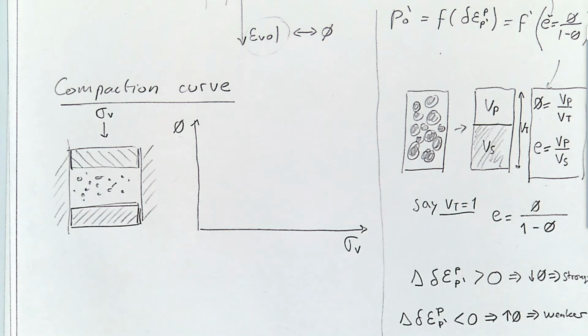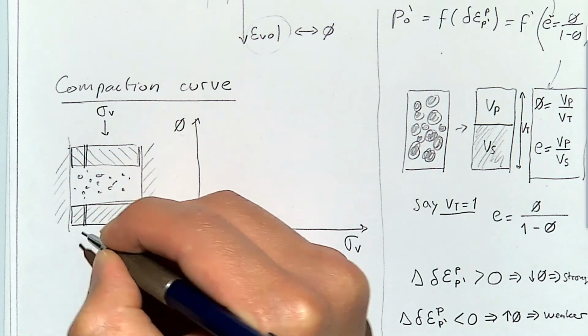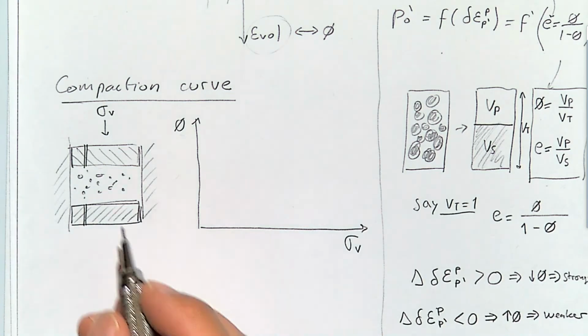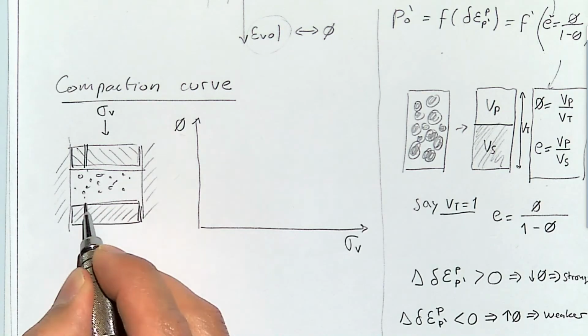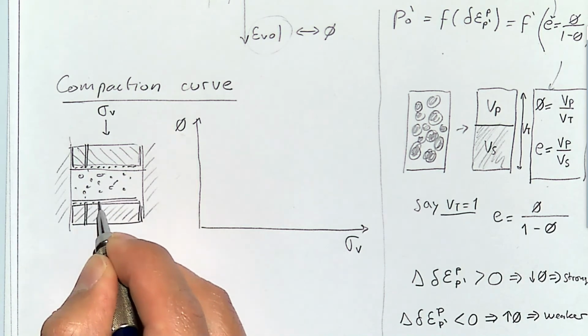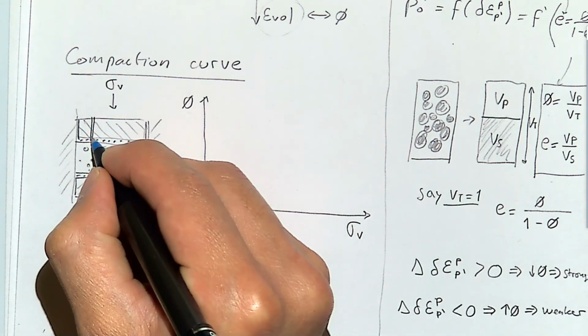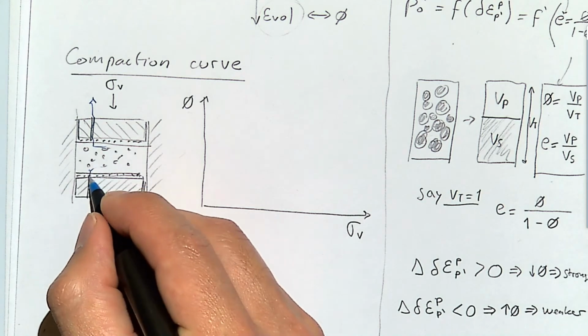If it's brine saturated and we compact it, at some point we're going to start compressing the fluid inside the pores. So what we have to do is make some holes over here, and usually here you put some sort of drains, usually made of stainless steel, that will allow the fluid to come out, so we don't have any undrained loading.